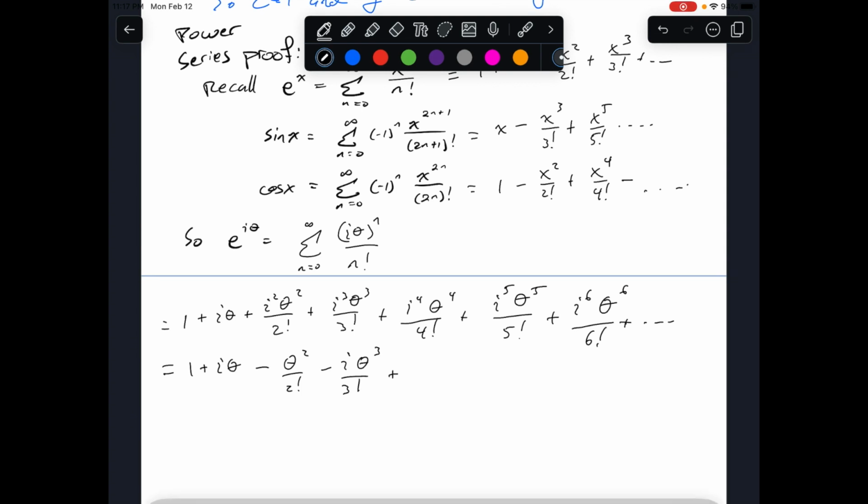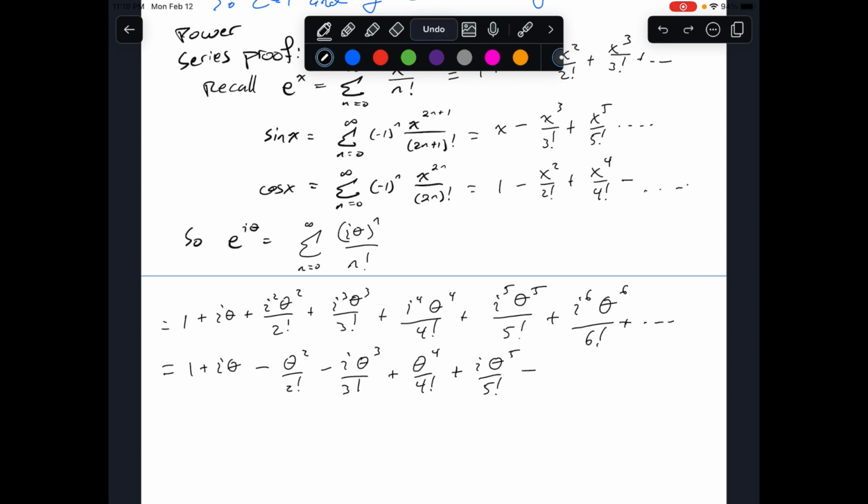And then i to the 4th is equal to just +1, because i squared is -1, so that squared is just +1. And then i to the fifth is just equal to i. Every 4 it repeats. If i squared is equal to -1, then i to the fourth is equal to +1.